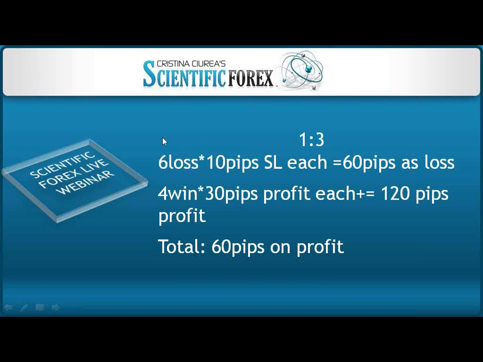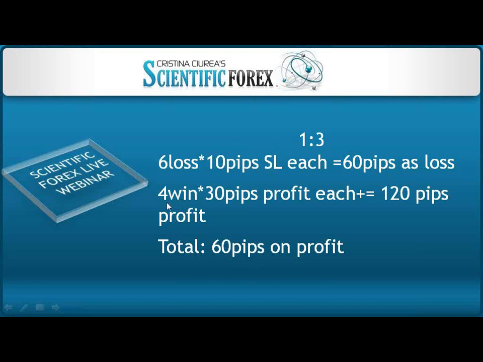So in this case, on trades based on the 5-minute time frame, we have 6 losses with the stop loss established at 10 pips each. It will mean for that day 60 pips as loss.